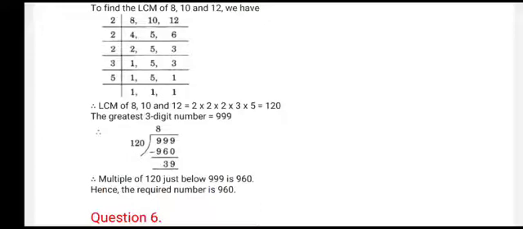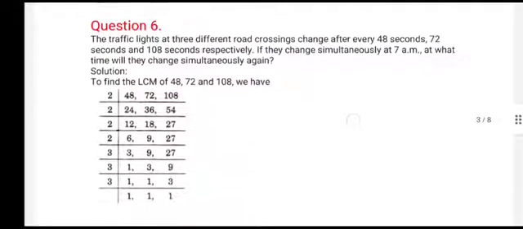This is the closest one, because you cannot get 999. 9 times 120 will give a 4-digit number, and we don't need a 4-digit number. So we divide 999 by 120, our first multiple, and from 8 you will come to know that when you multiply 120 by 8, you get 960, and 960 is actually the required answer, the greatest 3-digit number. Understood, student? This is how you're going to do it.